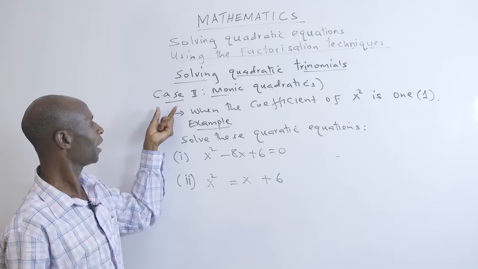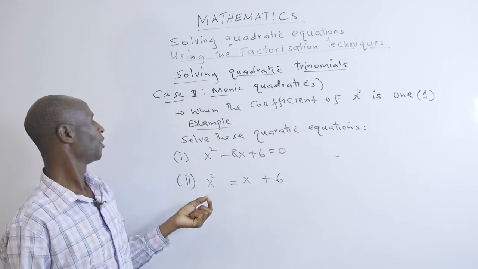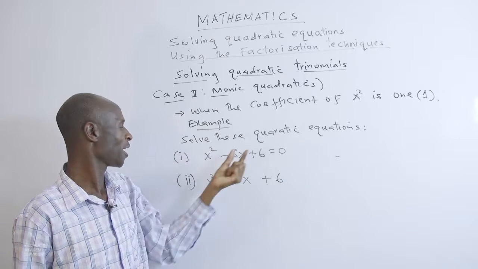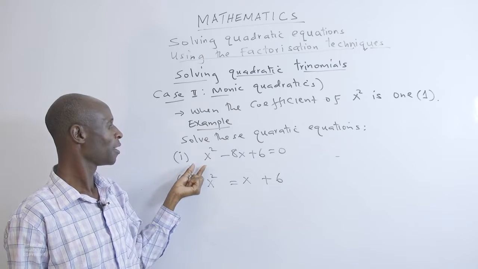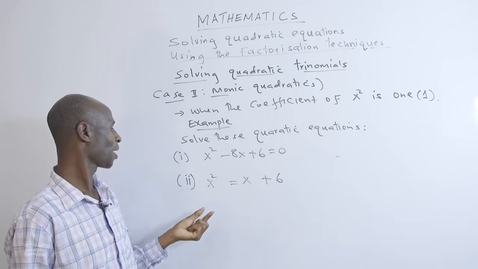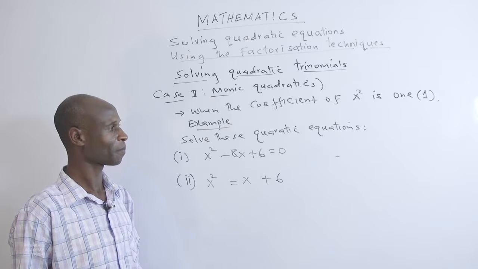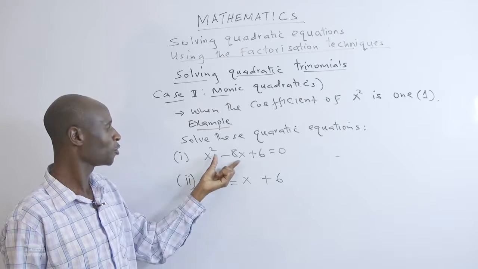Now, in this particular case where the coefficient of x squared is 1, you are required to solve the quadratic equation, Roman 1, x squared minus 8x plus 6 is equal to 0, and Roman 2, x squared is equal to x plus 6. So how do you solve this?